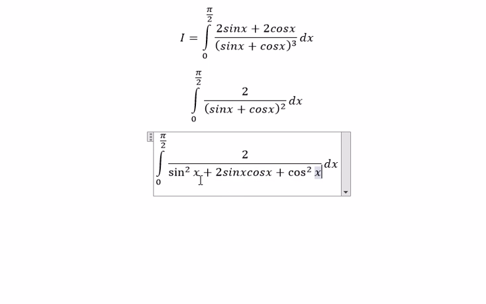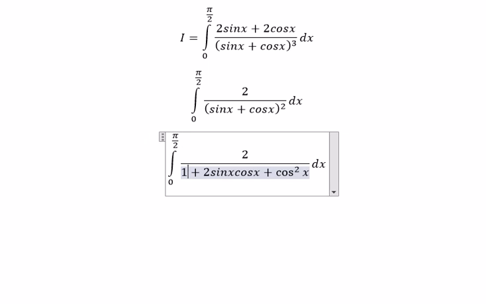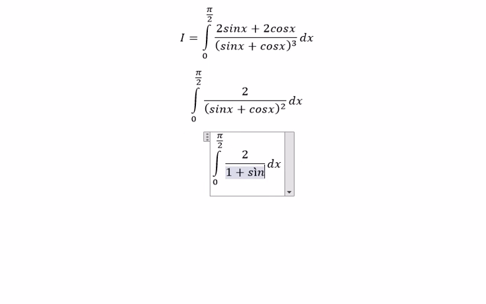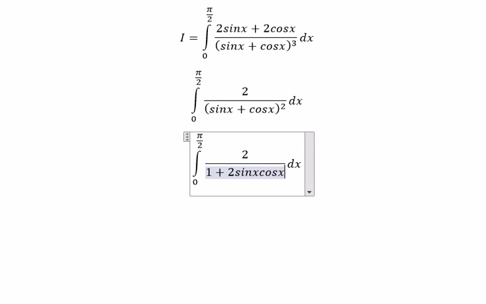This one you get 1. This one you get sin 2s. We don't need to change to sin 2s, we just keep 2 sin s cosine s.